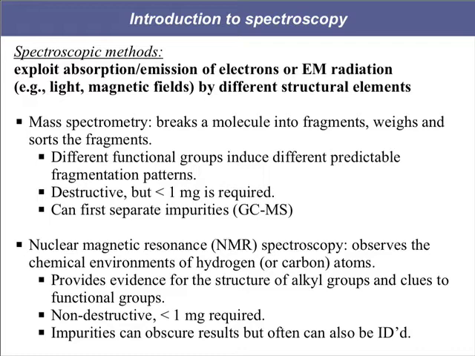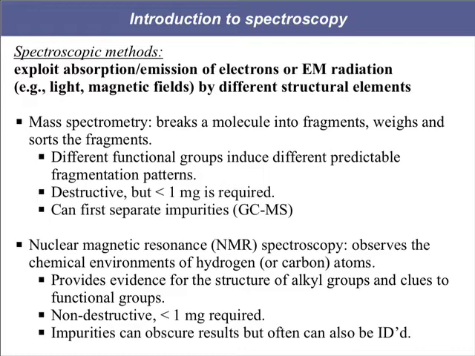Mass spectrometry basically breaks a molecule into fragments, and then it weighs the fragments and sorts them. Different functional groups on a structure will tend to induce different predictable fragmentation patterns. So, based on how your molecule falls apart, you can figure out what caused it to fall apart that way.